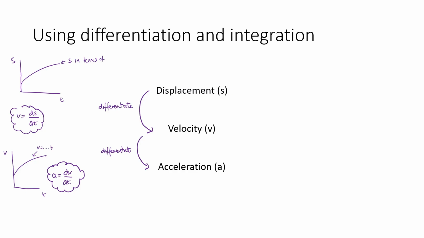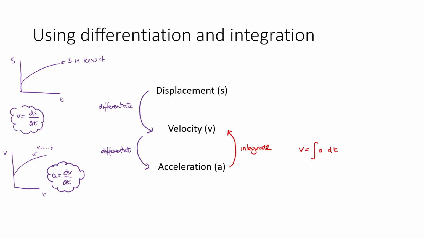Now, if we can differentiate going down from s to v to a, then we can reverse this process by integrating. So from this, what we then can do is, if I know the formula for acceleration, I can integrate this to give me a formula in terms of v. So what we know then is that v is equal to the integral of a with respect to t.